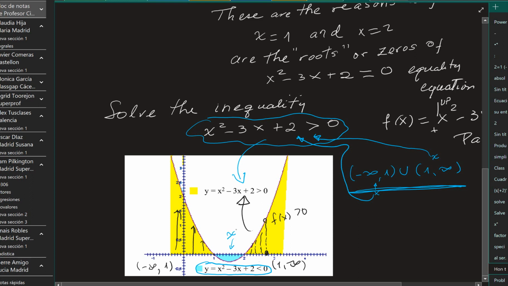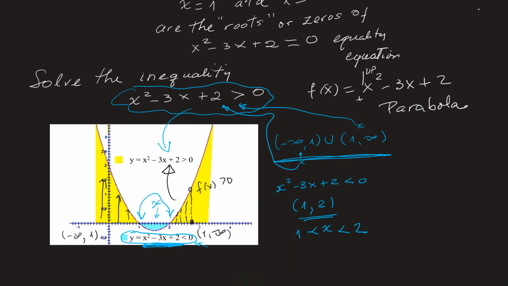For those x, the same quadratic is less than 0. Okay? Then the solution to x squared minus 3x plus 2 less than 0 is just the interval here, which is 1 up to 2. All the numbers between 1 and 2. Then, in this way, using the parabola, you can solve the quadratic inequality.